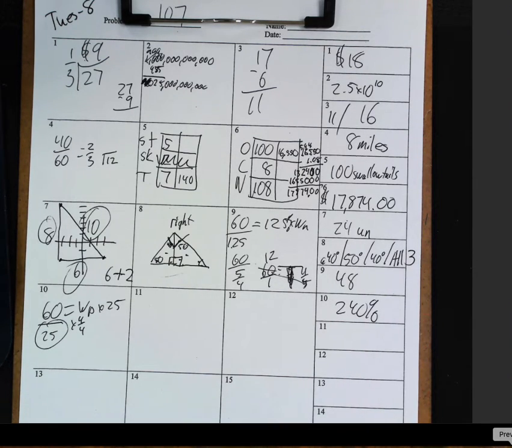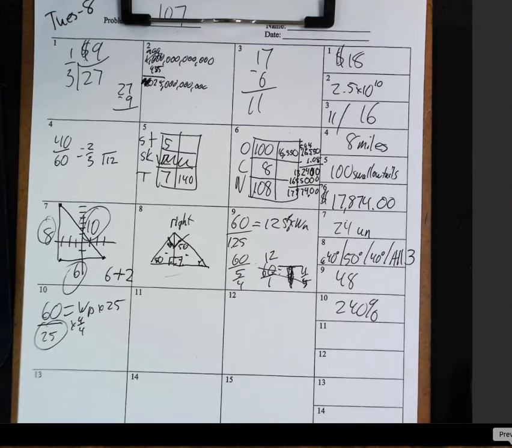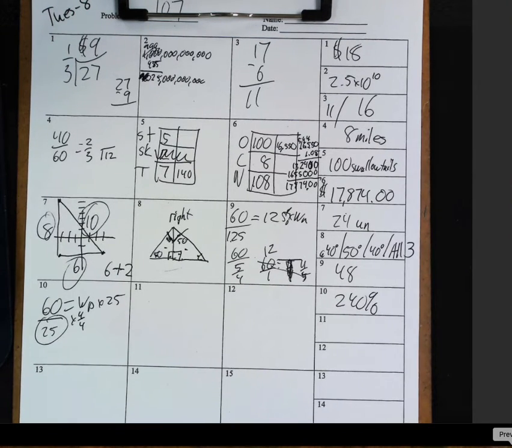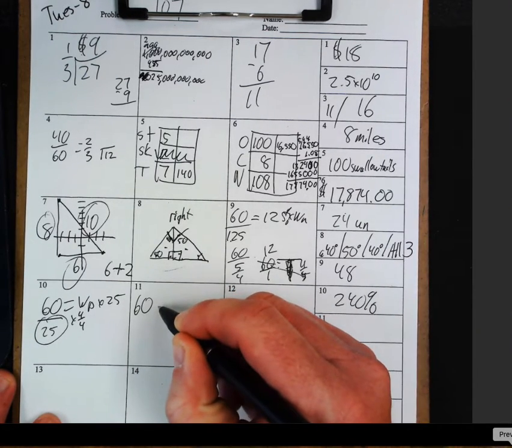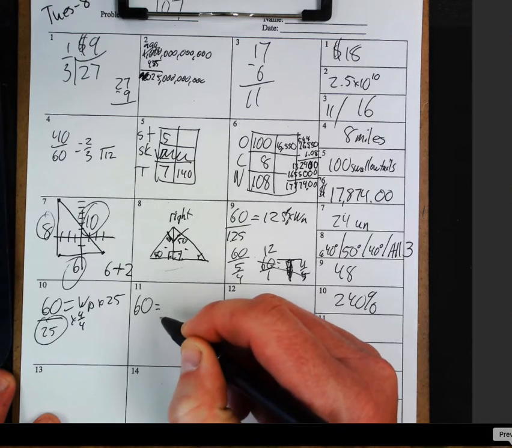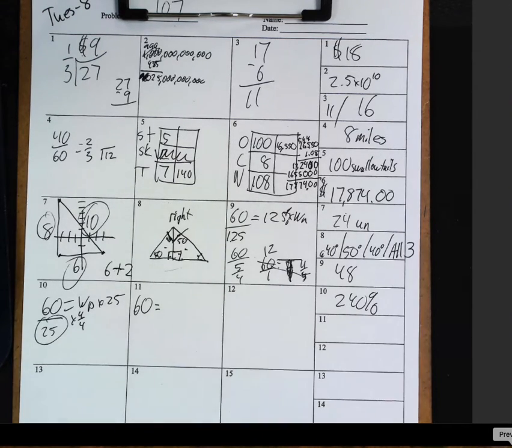Number 11, translator, please. This one. Kendall. So 60 means equal. Now it's always 4 more than twice the number, guys. What do I want to write first? The letter.